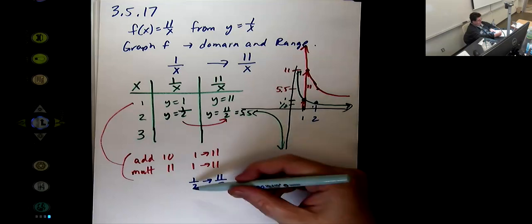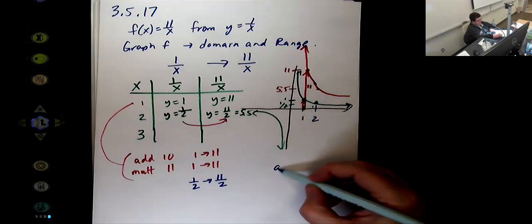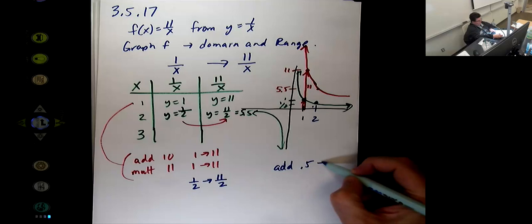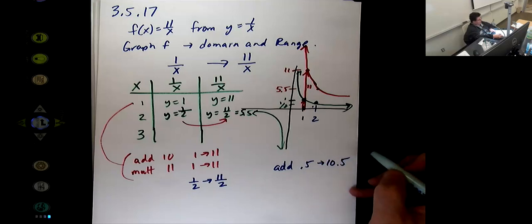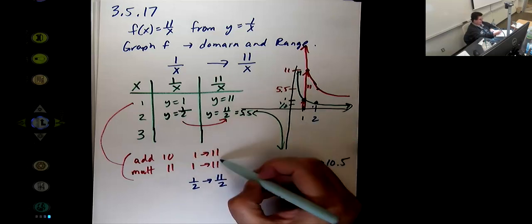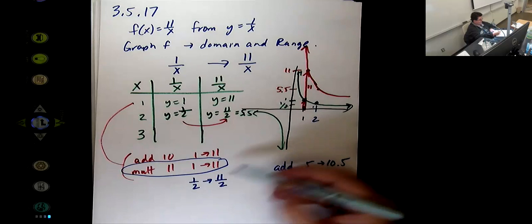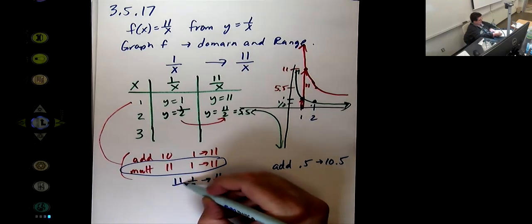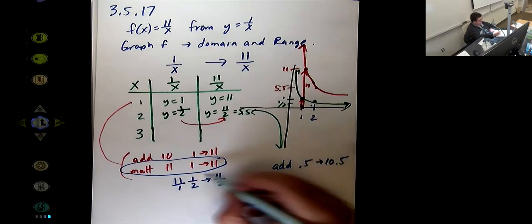If I add, I go from 0.5 to 10.5. It's got to be multiplied, right? Add didn't work. If I multiply this by 11 over 1, basically.